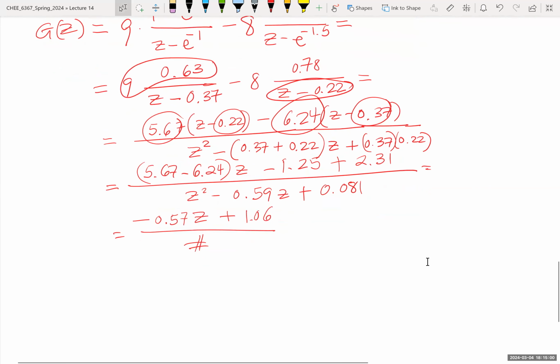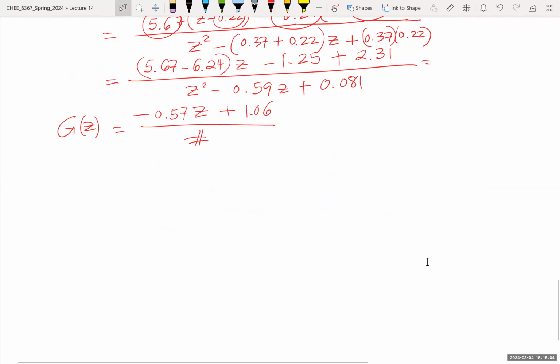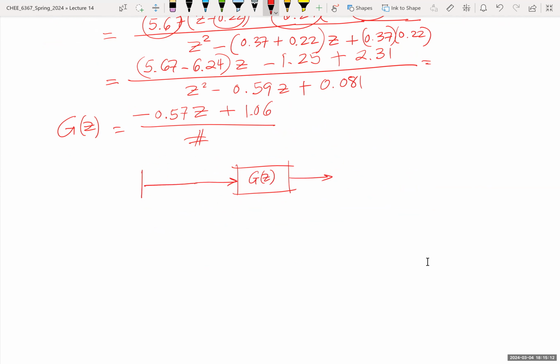Then for this G of Z, I'll write it again. For our IMC design, we have that G of Z would be, put G here, and now I'm going to have my controller Q of Z, and I have my model here, which in general won't be the same, but for my design at this stage, I assume they are the same.